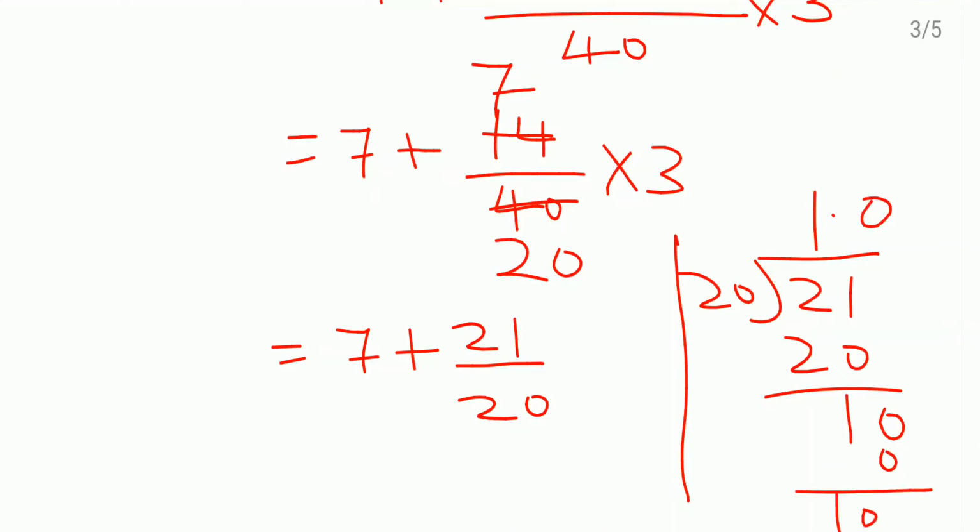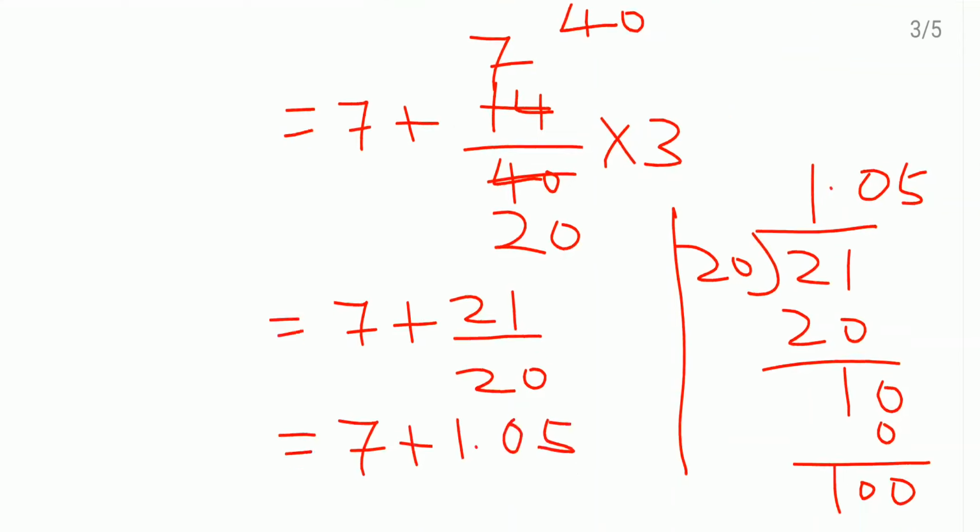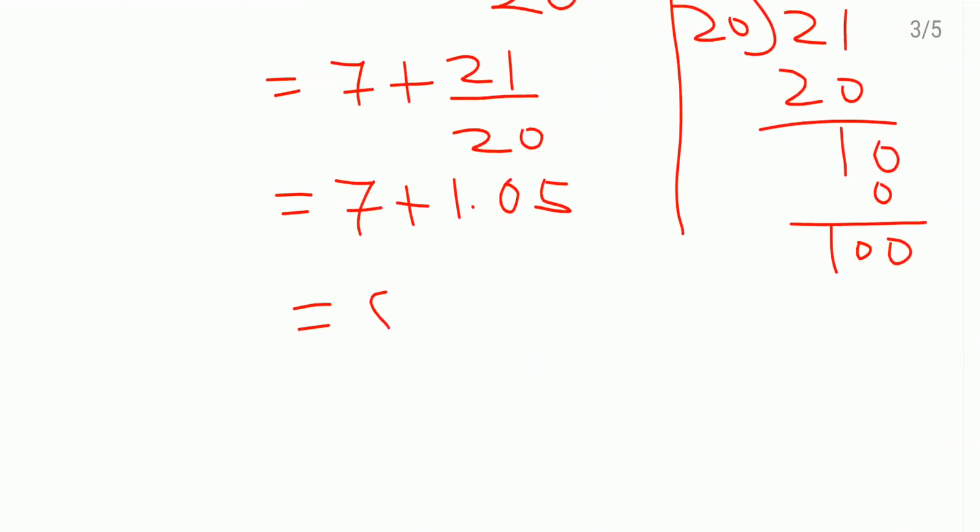Then once again we got 100. Right? So 5 twenties are 100. So here 7 plus 1.05, and our answer comes as 8.05. This is the median of the given data. Correct? That means approximately there will be 8 letters in a surname.